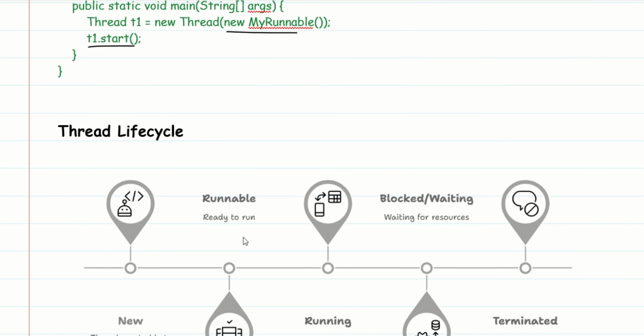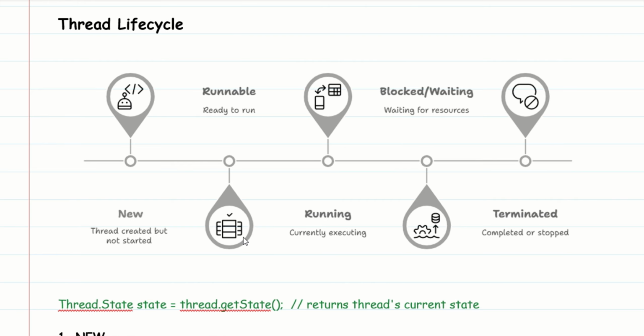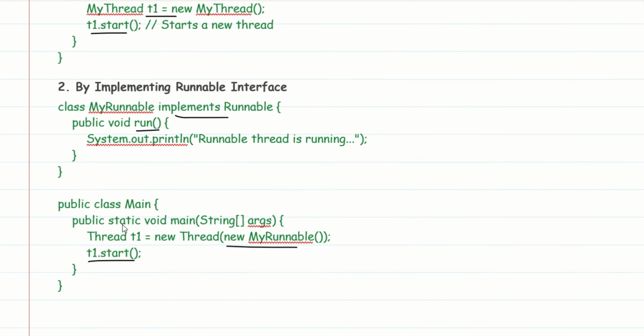Here is the thread lifecycle. So we have a certain lifecycle for thread creation and execution. The first is the new phase, where the thread object is created using the Thread class but not started yet. It's not yet eligible to run. That is just creating a thread object.